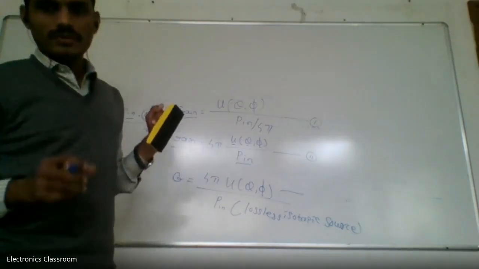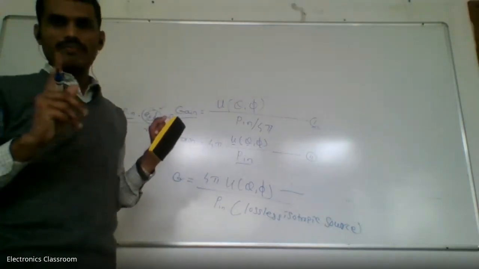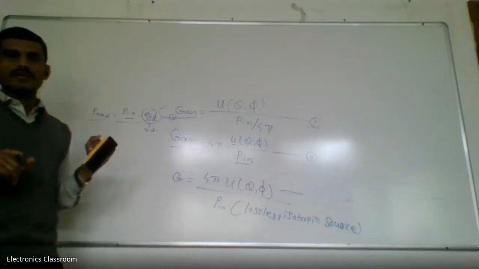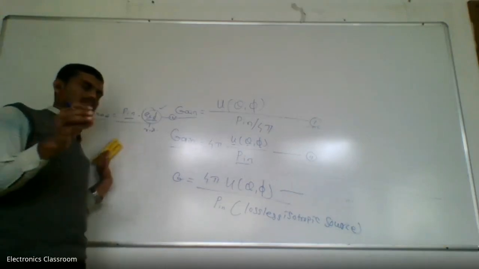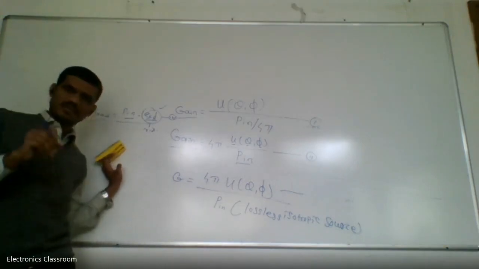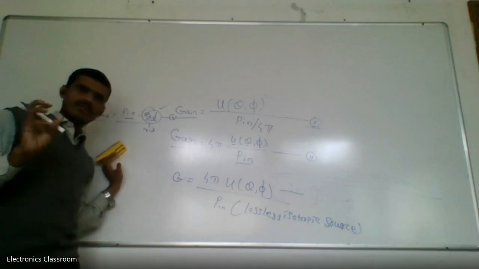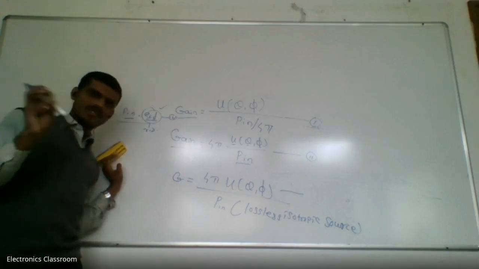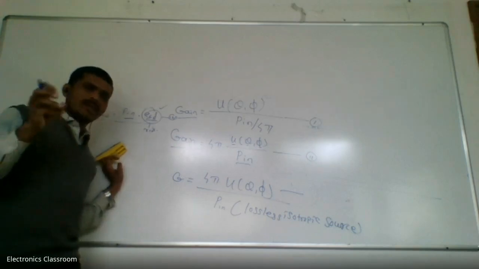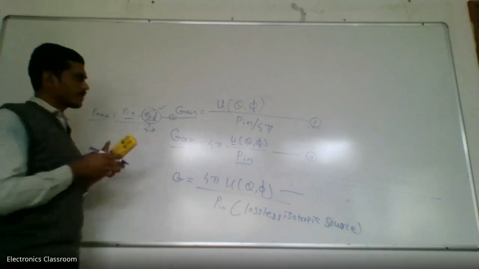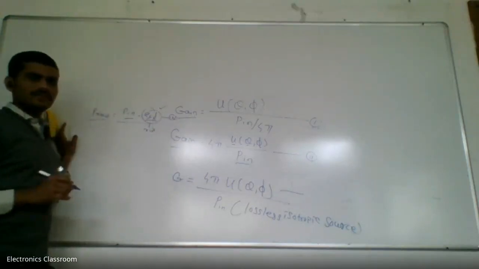In your textbook, it will be present on page number something like 60 to 70. Is that clear? In between 60 and 70, it may be page 65 or 66. Is that clear?